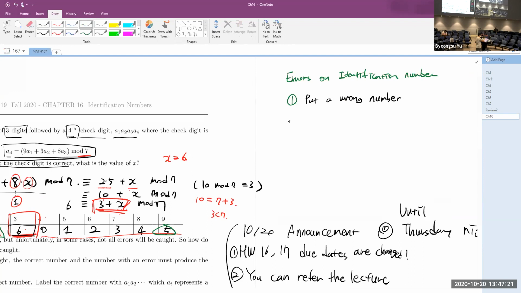The second one is the transposition of two numbers. Transposition means that you just swap the numbers in two digits, right?